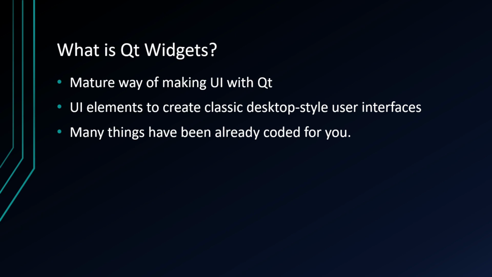Mostly, widgets are general, and many things have already been coded for you. But this approach also has disadvantages, such as difficulty in styling and animating, horrible looking widgets on mobile platforms, and fewer opportunities to make something unique rather than just a classical looking application.